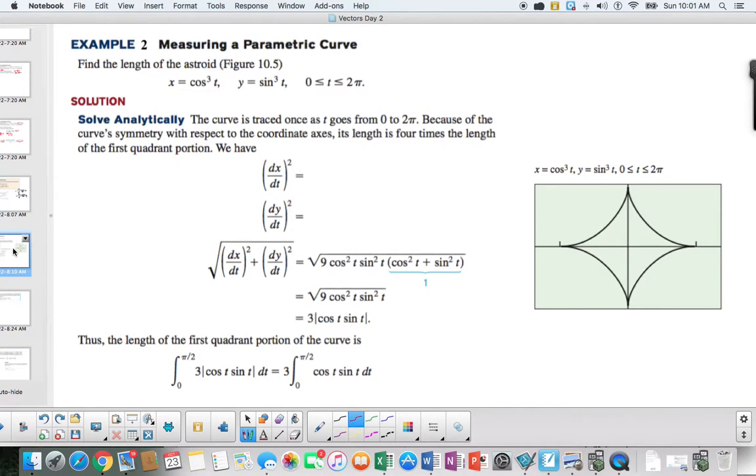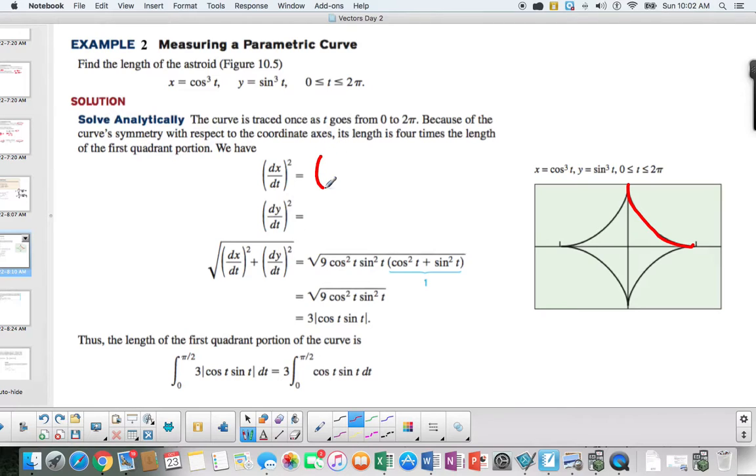Okay, we are going to be measuring the length of this asteroid. What we're going to do is find this length right here, and then multiply it by 4 so that we can get the length of all of the sides. So we're going to find the derivative dx dt, and remember the formula that we had before. We need to have a squared here and squared here.